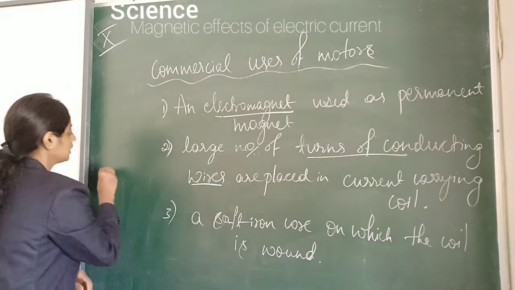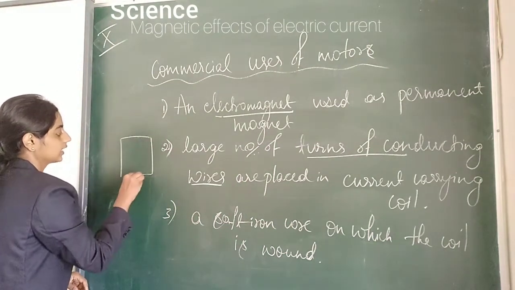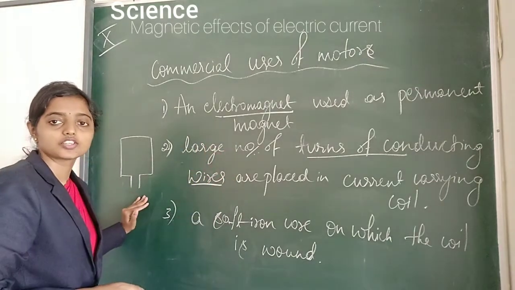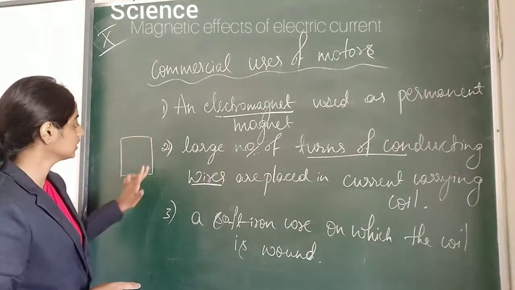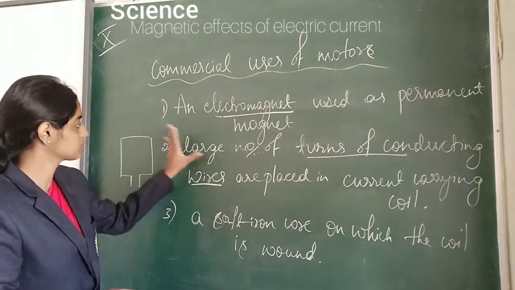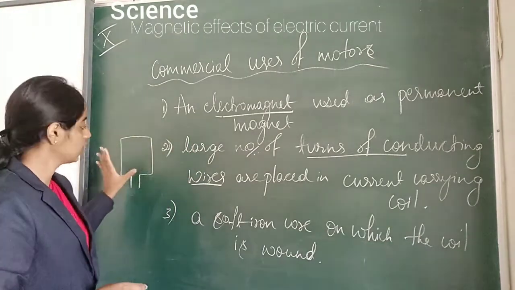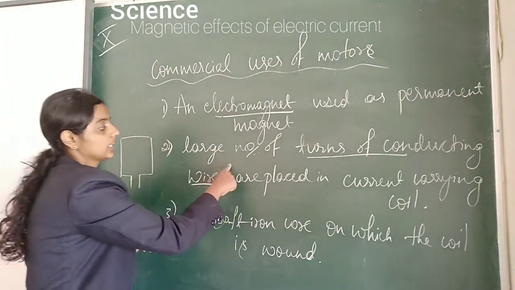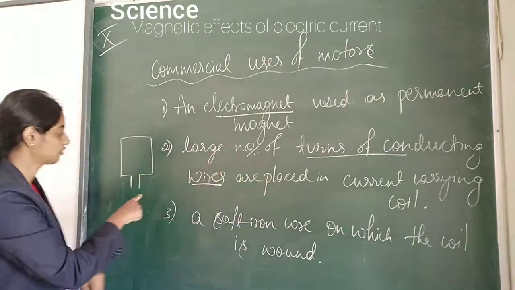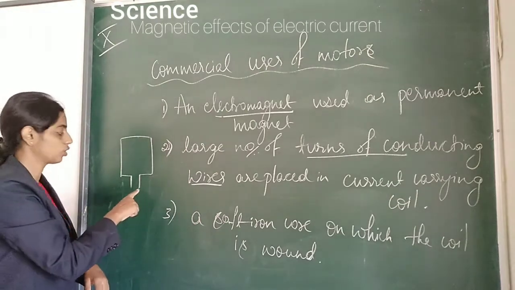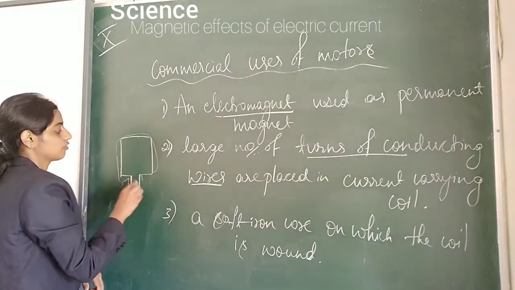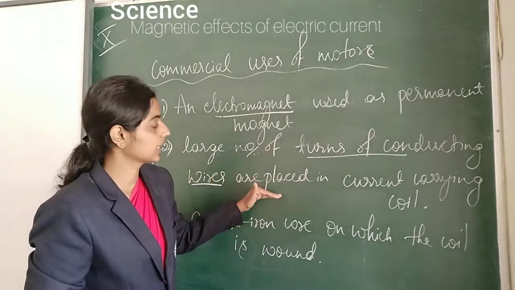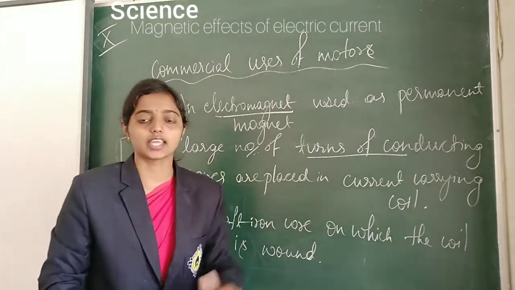In the construction part we saw that a rectangular conducting copper wire is placed between two poles, and that coil is not just a coil, it contains a large number of turns in the same rectangular shape.